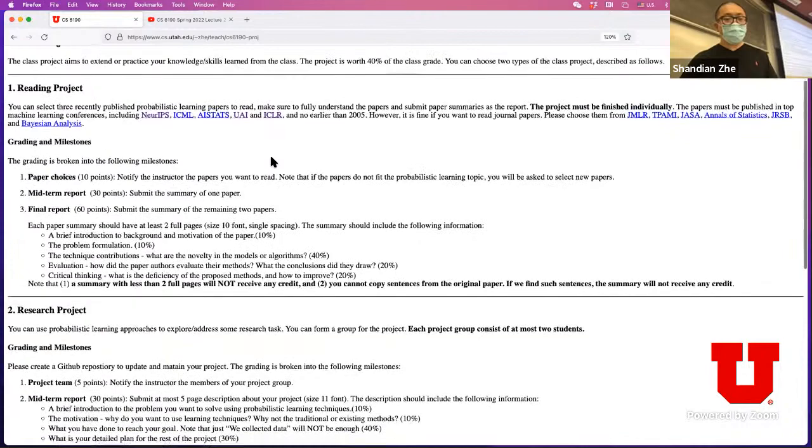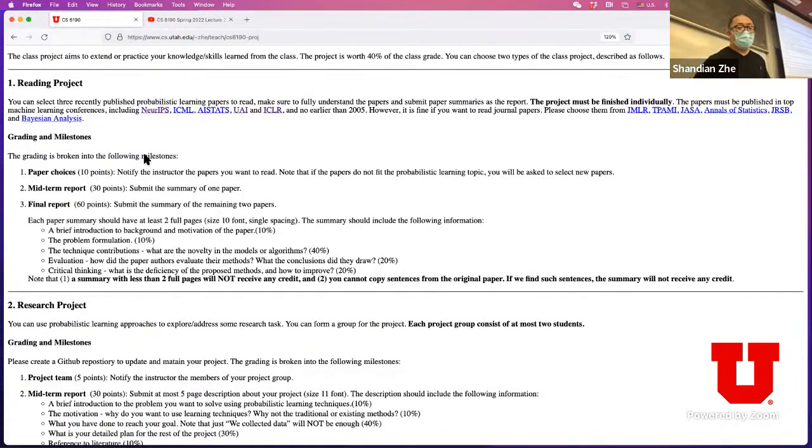And how are we going to grade your reading project? Basically, we're going to break the grading into several milestones. First, you need to make a choice of papers. We'll soon release a deadline to remind you to choose your papers, maybe in 2 weeks.